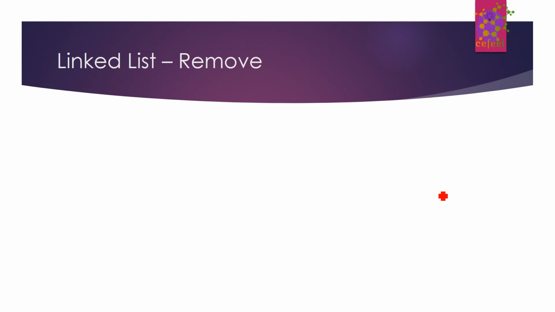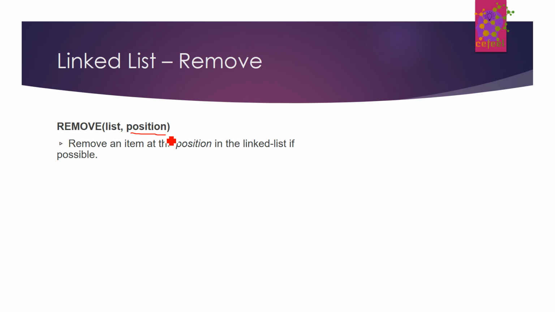So now let's see it in the algorithm. Let's say we are given a position which says which node we will delete, and we are given a list which contains certain nodes or items. The first step is again the special case. If position is 1, we just make head point to head dot next, and then return. That means we just move the head pointer to the second node, and then return.